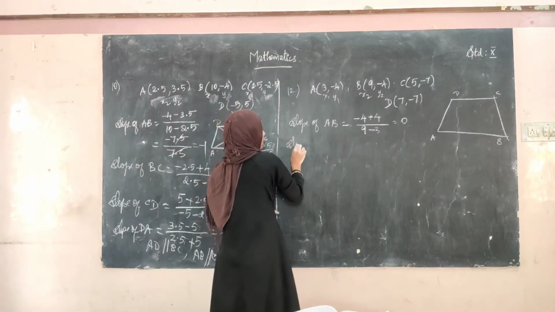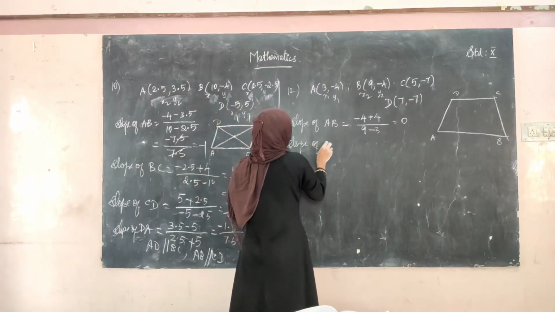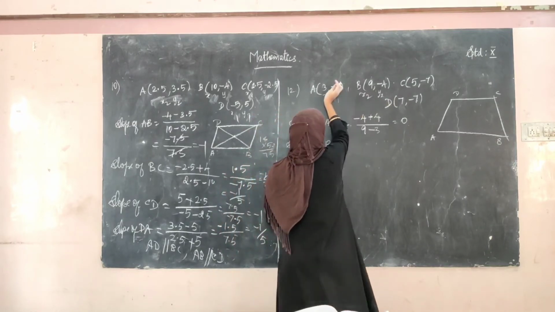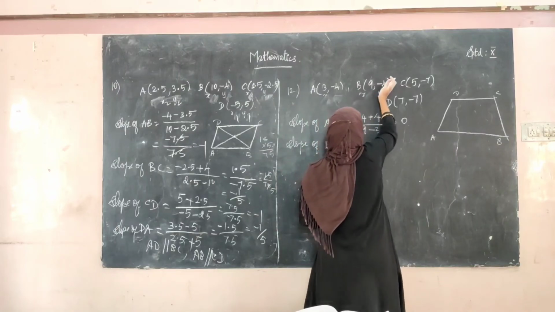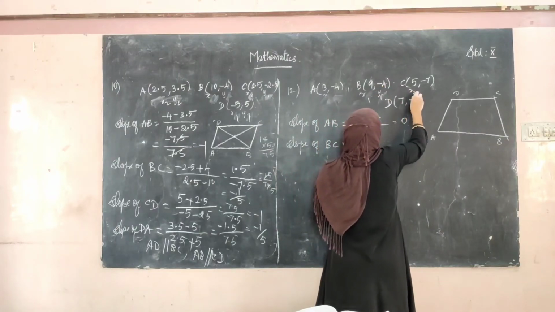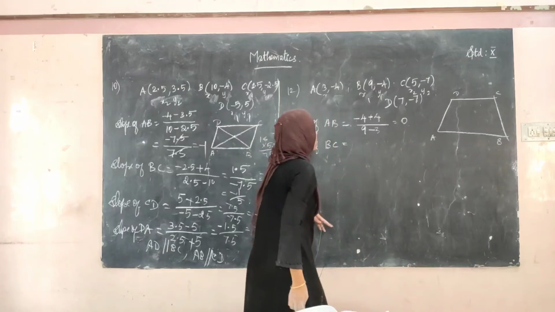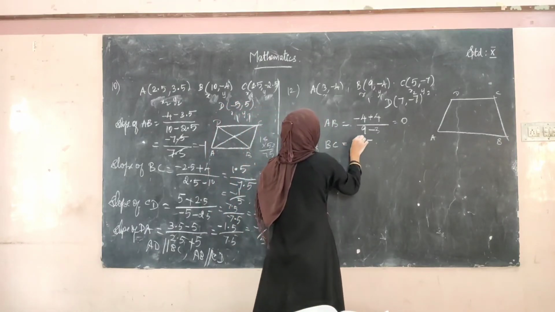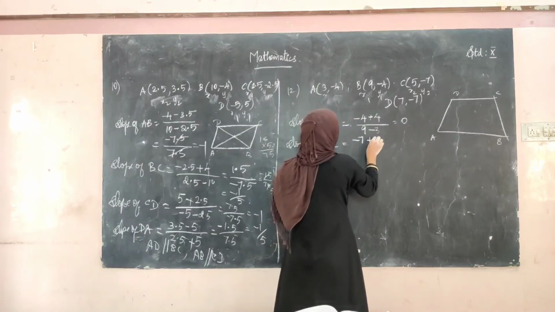And again, slope of BC is equal to, okay, BC is this and this. So this should be x1, y1, and this should be x2, y2. So y2 minus y1. y2 is minus 7 minus, what is y1 here? y1 is minus of minus 4.